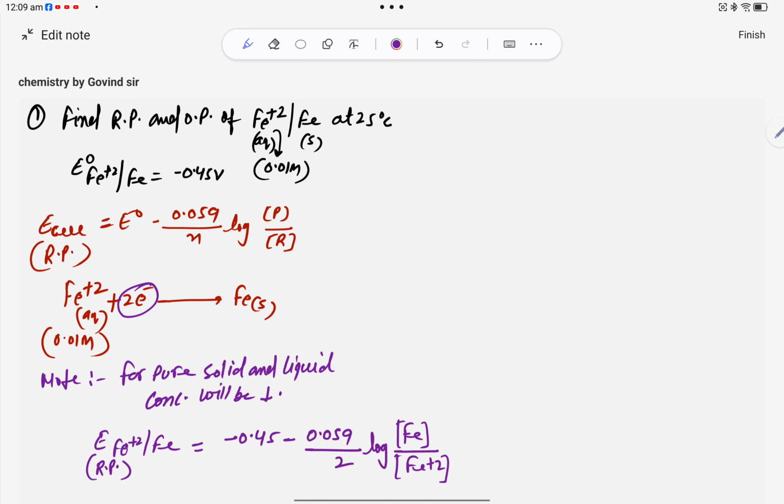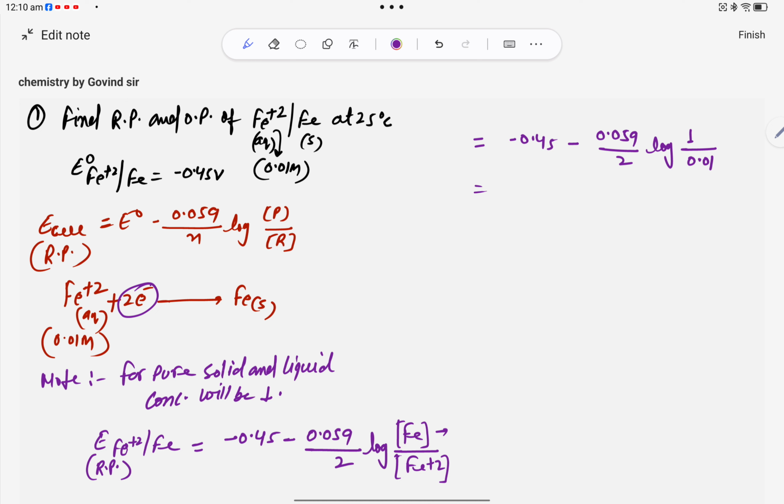So solve it, children. So here it will be minus 0.45 minus 0.059 upon 2. So it is solid state, this one, then concentration 1, and this one is 0.01.